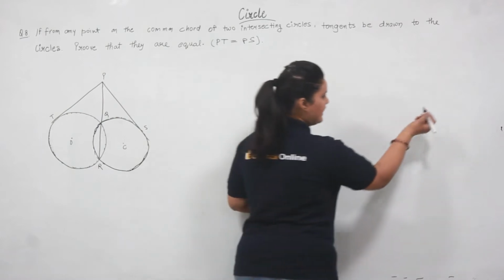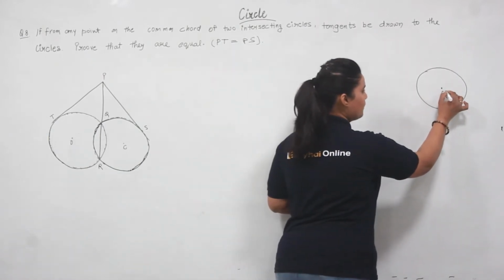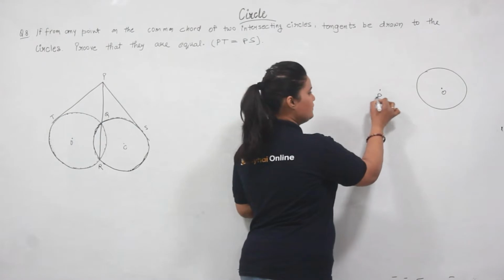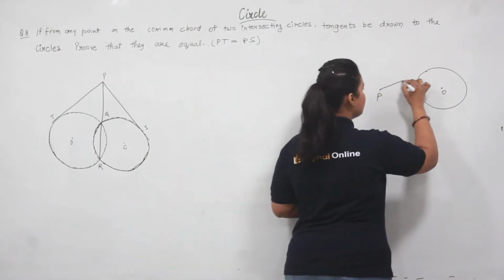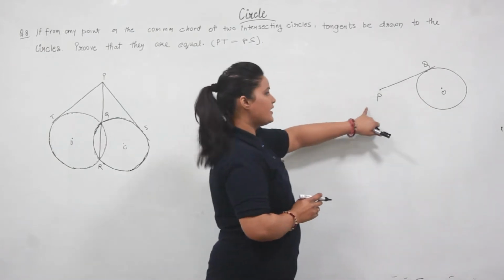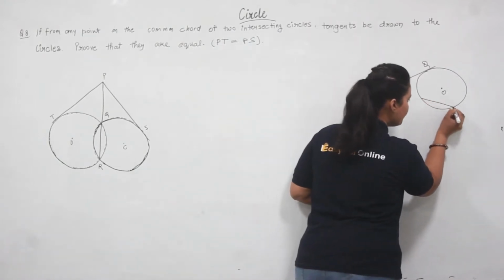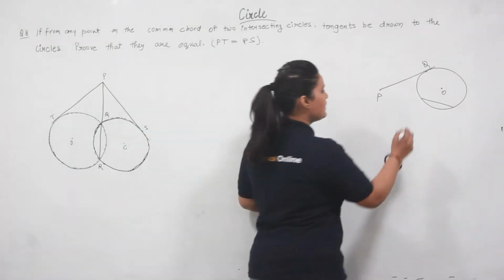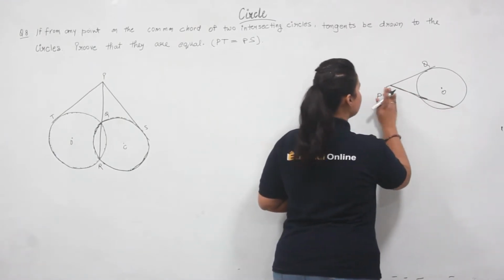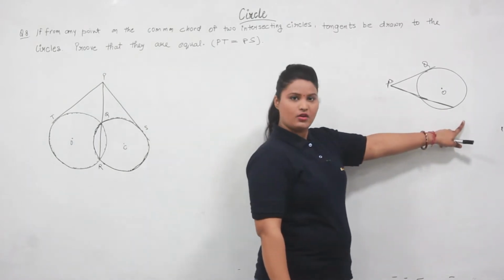Assume there is a circle with center O, and from an external point P, a tangent is touching the circle at point Q. Now there is a chord which comes out of the circle and reaches point P, so it becomes a secant of the circle.